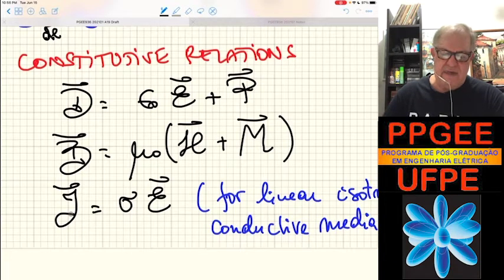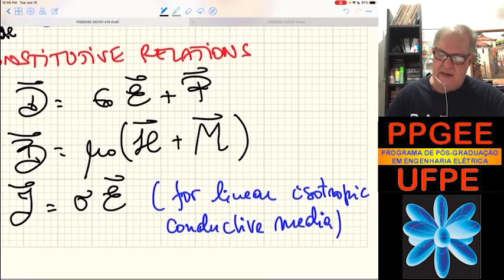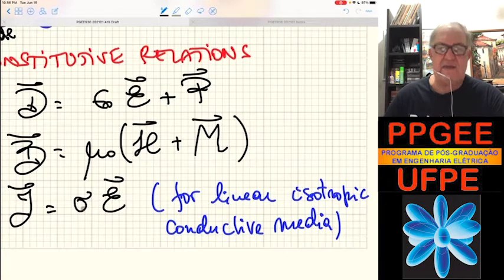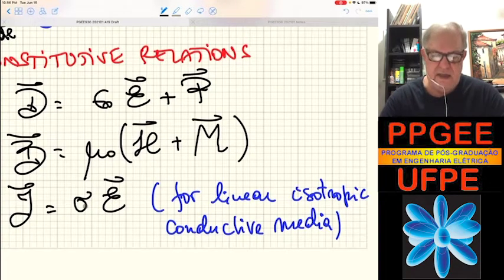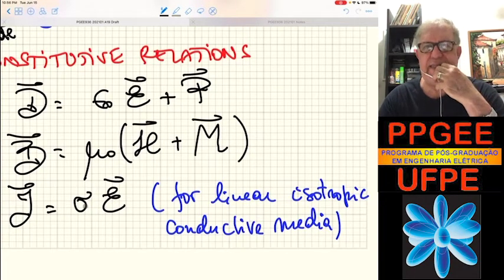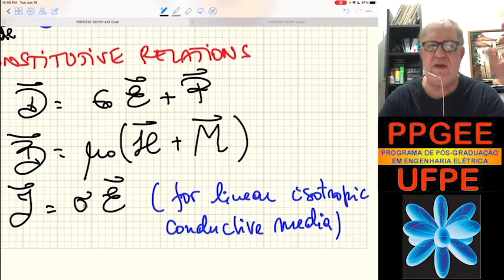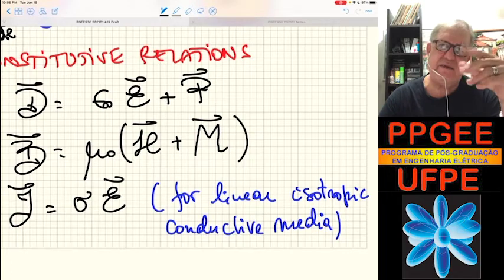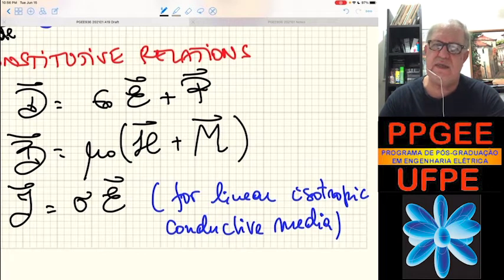In conductive media, we have a relationship between J and E for linear, isotropic, and conductive media. That would be a relation, right? We are going to show that we might not use the conductivity.